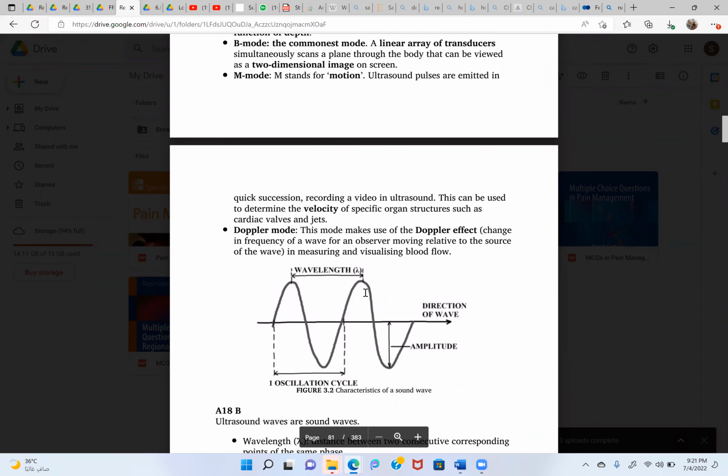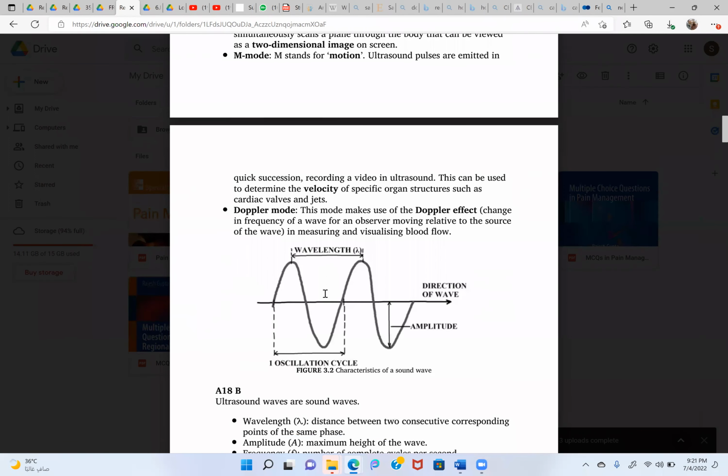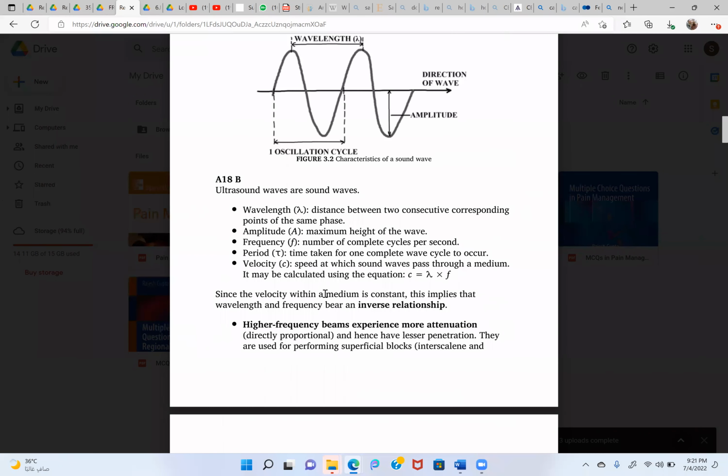So it releases sound waves, and they are reflected by different tissues in a different way. Bone will reflect differently, water differently, blood differently, and then the waves come back. So there will be a difference in the frequency according to the reception. This will be converted into the image. So this is the main principle.